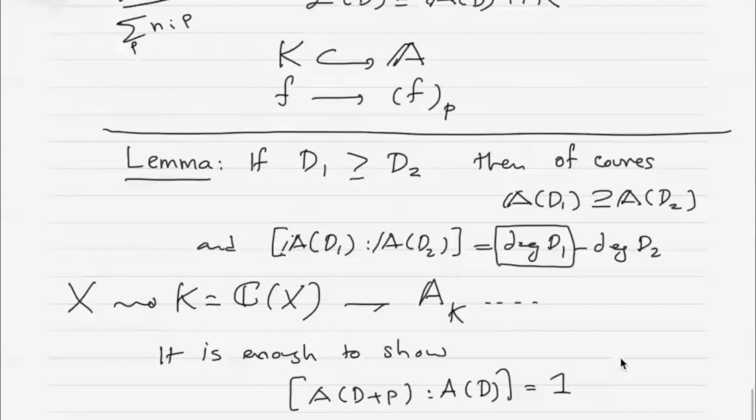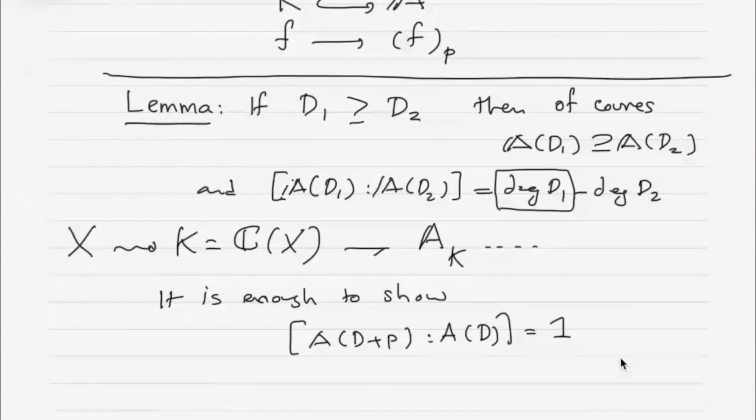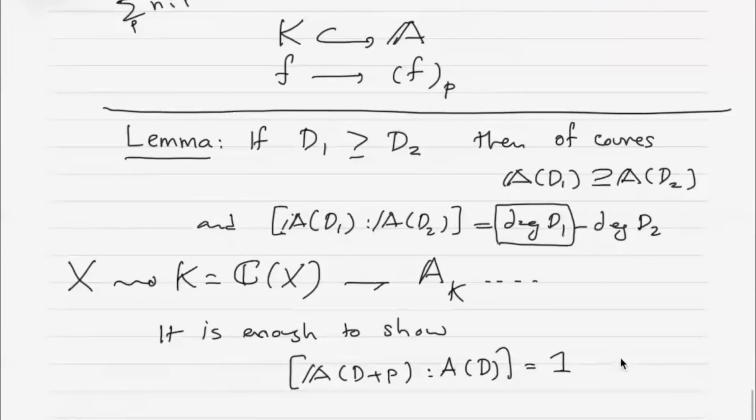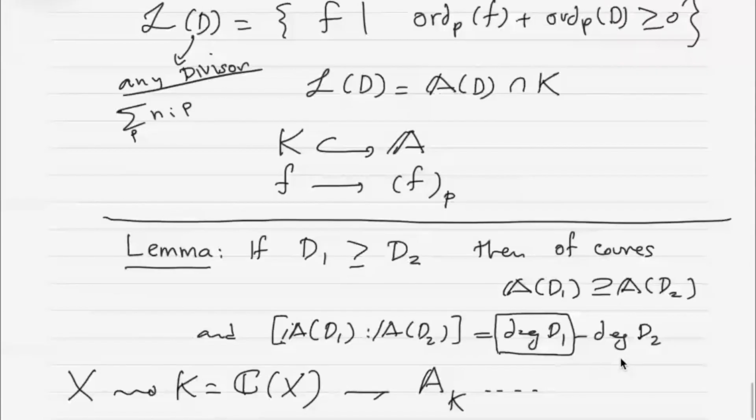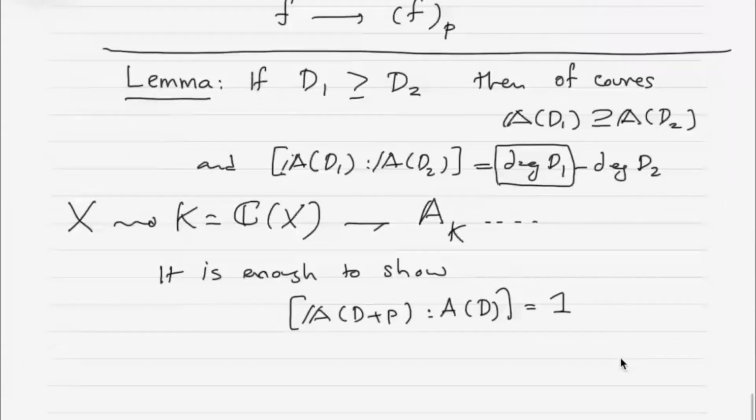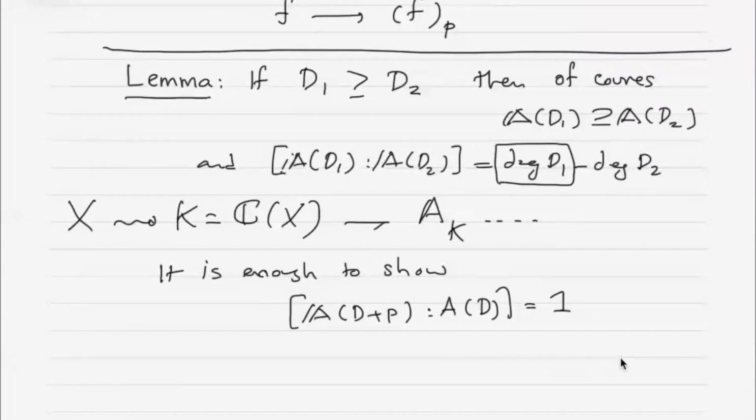Okay, and this is very simple because the only difference that you have here is at the point P. So instead, we take the product, so this is the same as, let's say, the product of p to the power of minus n minus 1 A_P over p to the power of minus n A_P. And this is just 1.